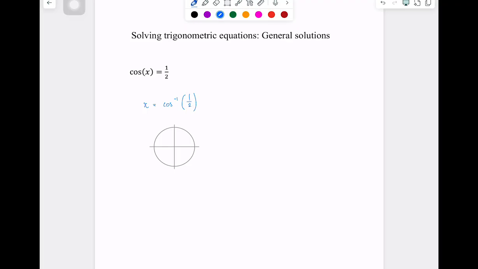The coordinates on the unit circle that give that are this point here and a point in the fourth quadrant here. The corresponding reference angle to these two solutions is pi on 3. This first solution here will be pi on 3, and this second solution, if we consider a domain from 0 to 2 pi, is 5 pi on 3.